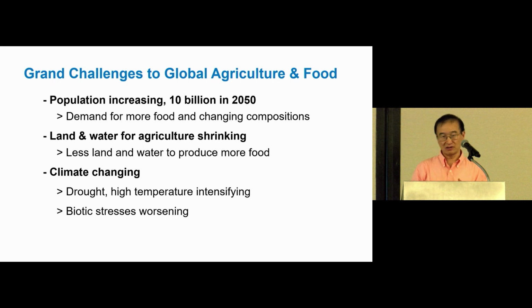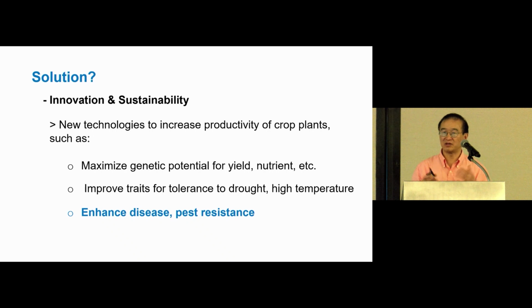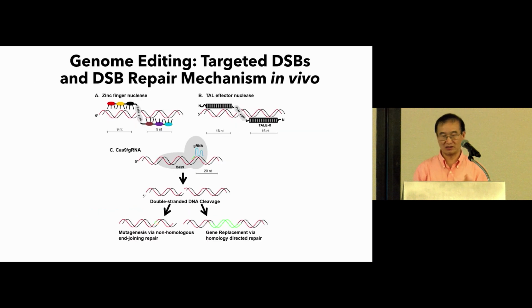And what would the solution be? Certainly it will be to create or recapture natural genetic variations, to maximize the genetic potential for crop production in agriculture, and also to engineer tolerance to biotic or abiotic stresses, especially disease, which is related to the work we have been doing.